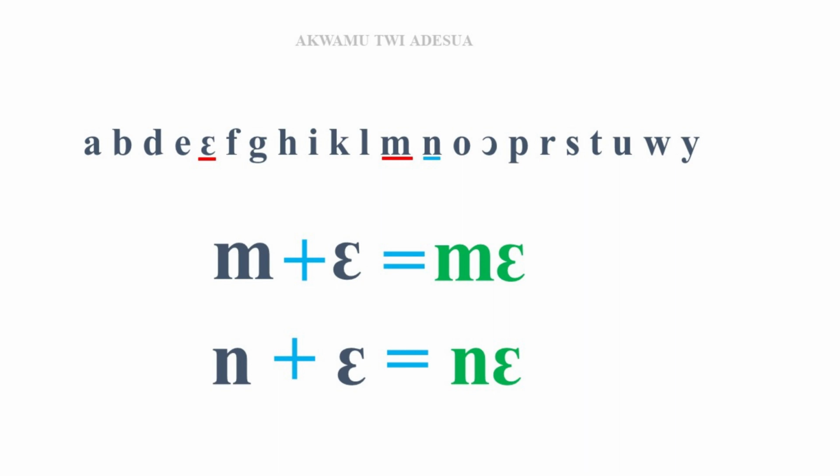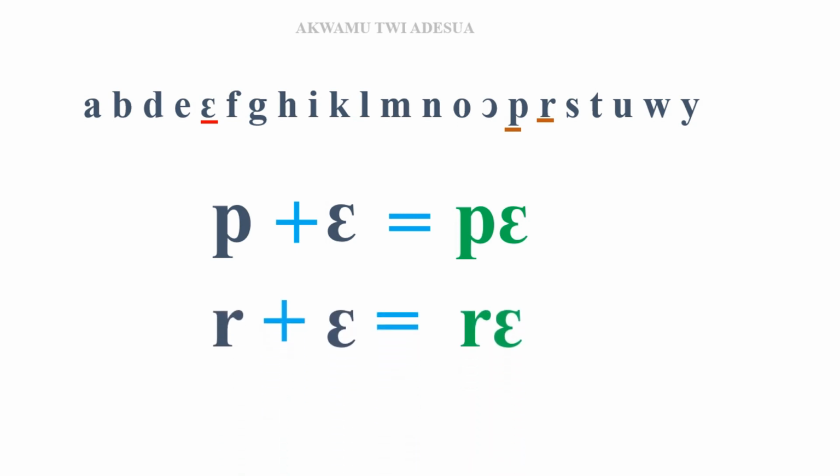P plus, which is the P, will also give us P. R plus, which is the R, will also give us Re.